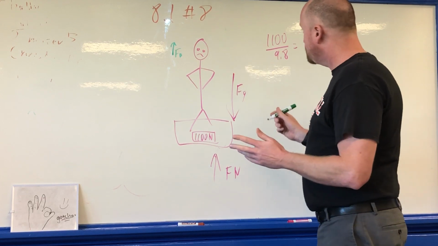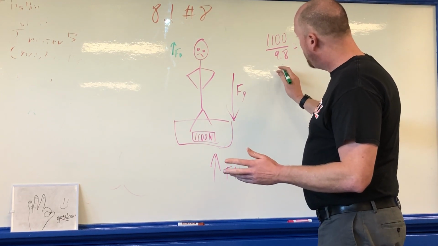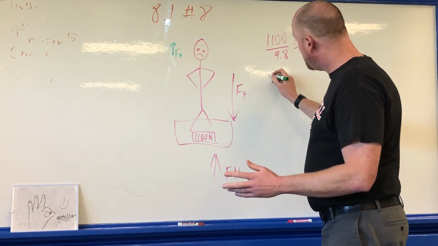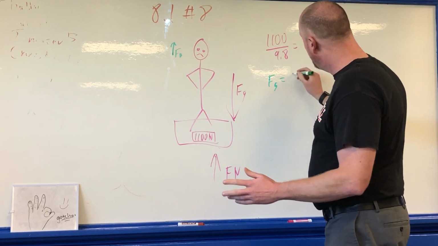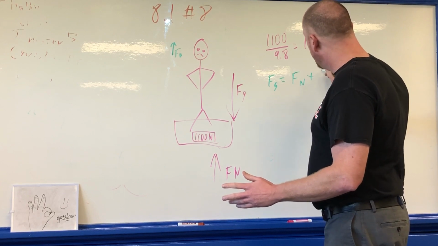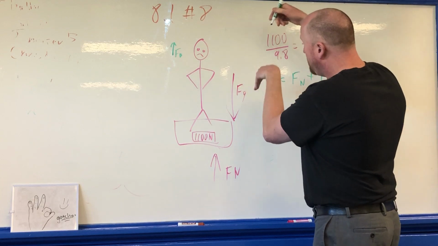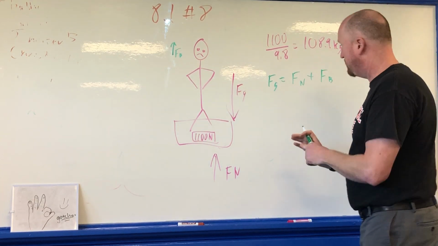What we need to figure out is how much of an impact that is having. So, the force of gravity is equal to the normal force plus the buoyant force. Because both of those are pushing up, they're equal to the force of gravity pushing down. Forces are balanced, I'm not going anywhere.